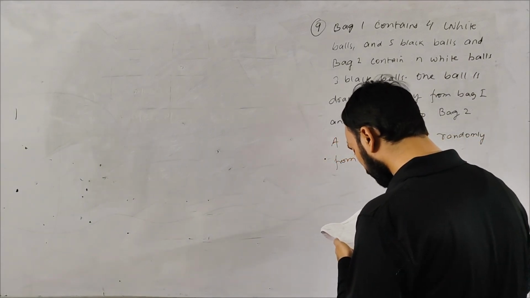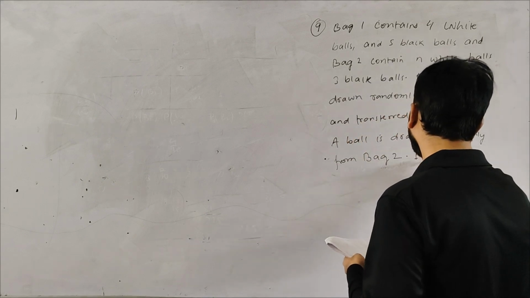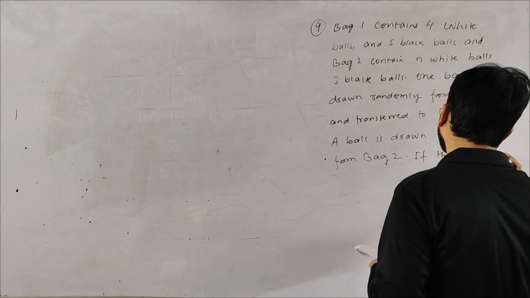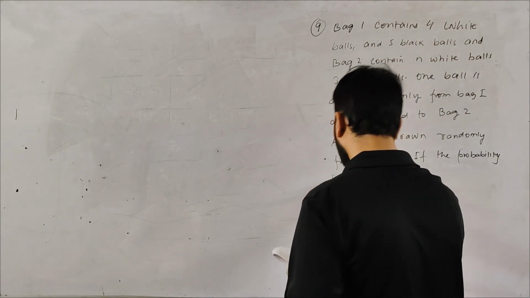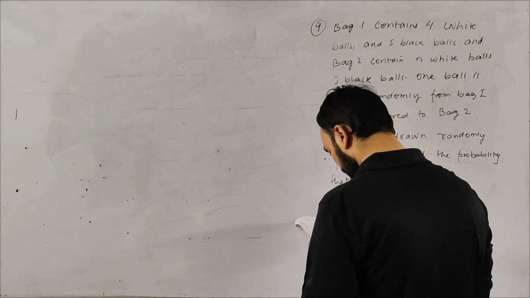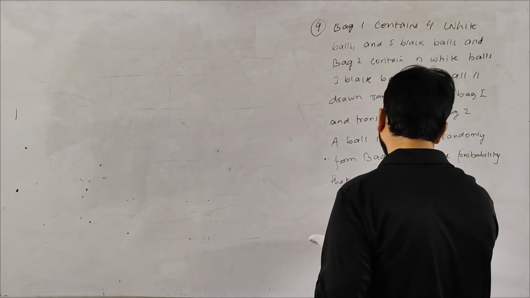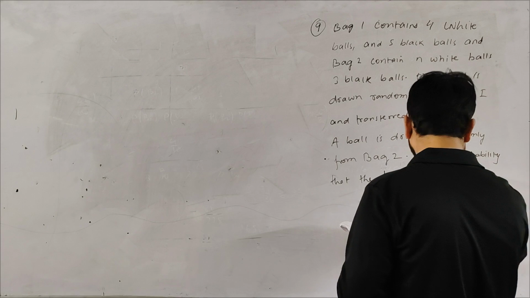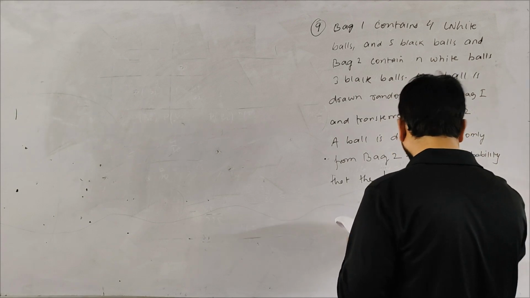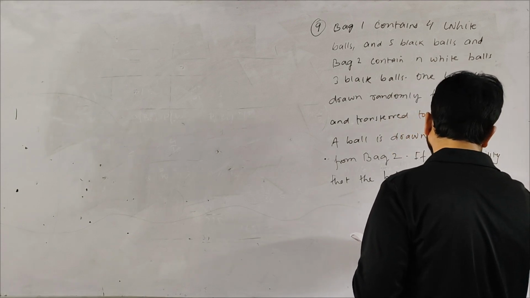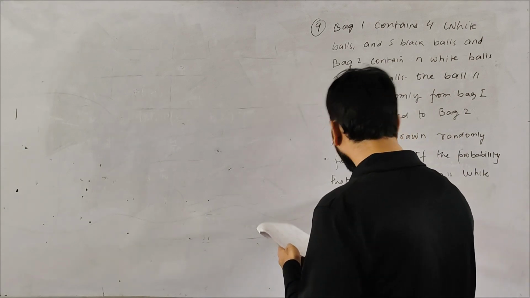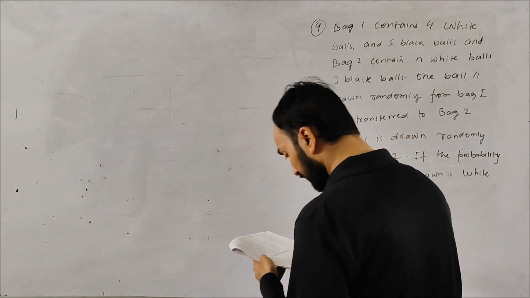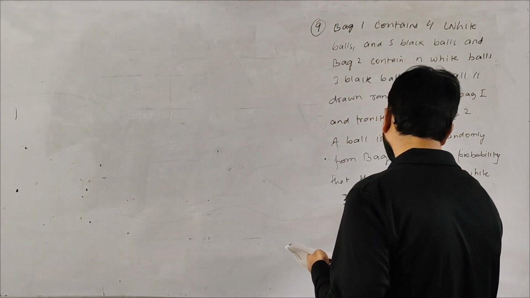If the probability that the ball drawn is white is 29/45, then n is equal to what?